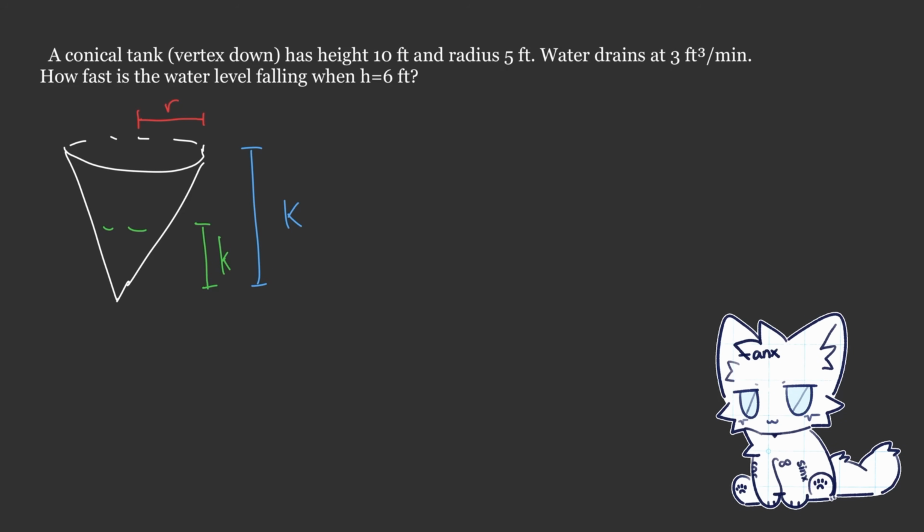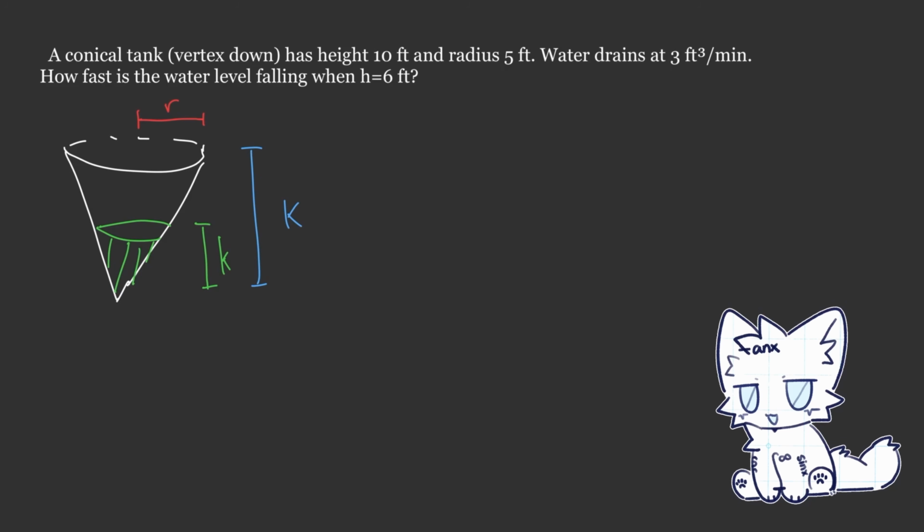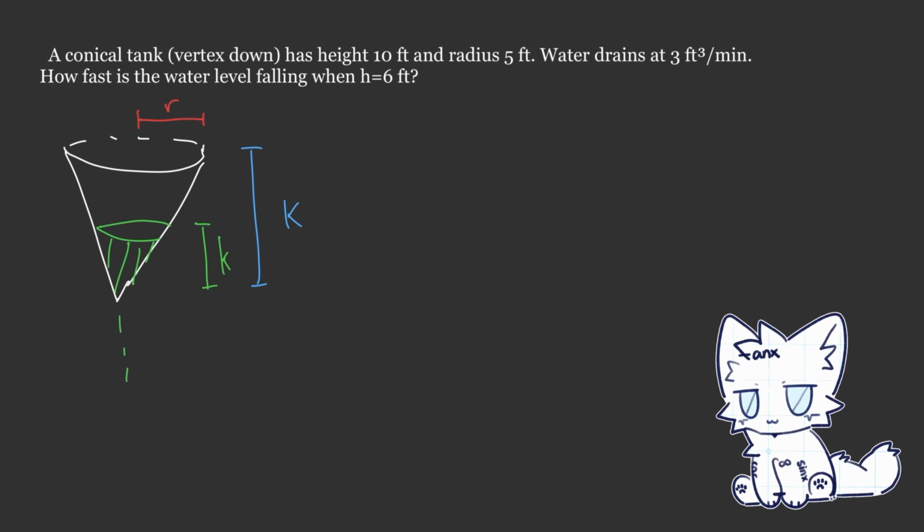It's at 6 feet. So that's the height of the water. And it's leaking out at a rate of 3 feet cubed per minute. So this would be the change in volume in respect to time.